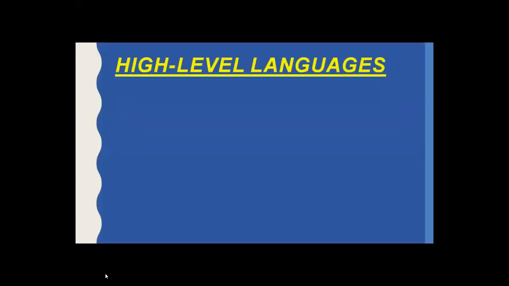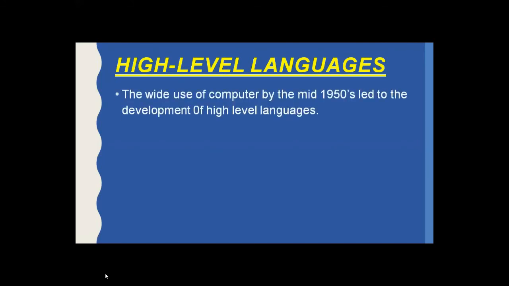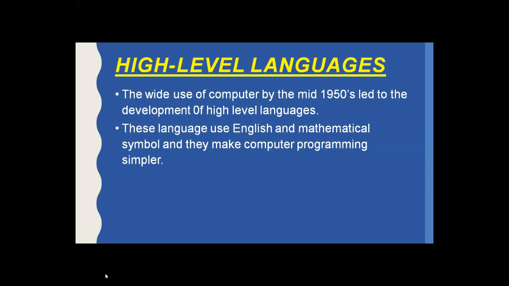Now the next one is high level languages. What are high level languages? The wide use of computers by the mid 1950s led to the development of high level languages. These languages use English and mathematical symbols, and they make computer programming simpler.